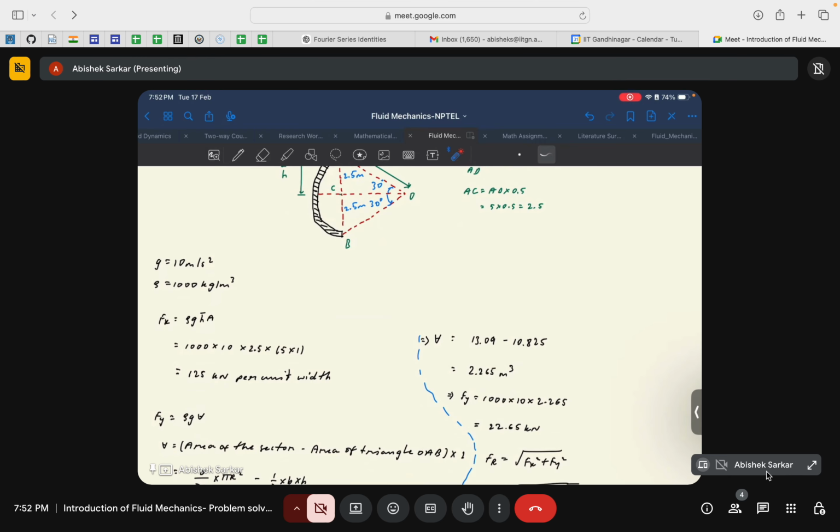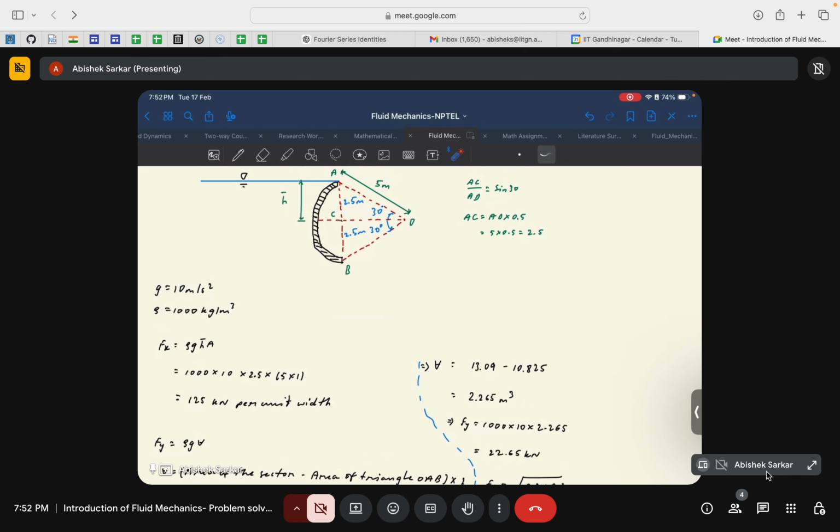So area would be the area of this particular sector, say A, B and O, minus the area of this triangle A, B and O. Okay, I'm sorry, let us give it a name, say G, that would be better. So area of the sector AGBO minus the area of the triangle ACBO. Very sorry for the naming, but this is how we proceed.